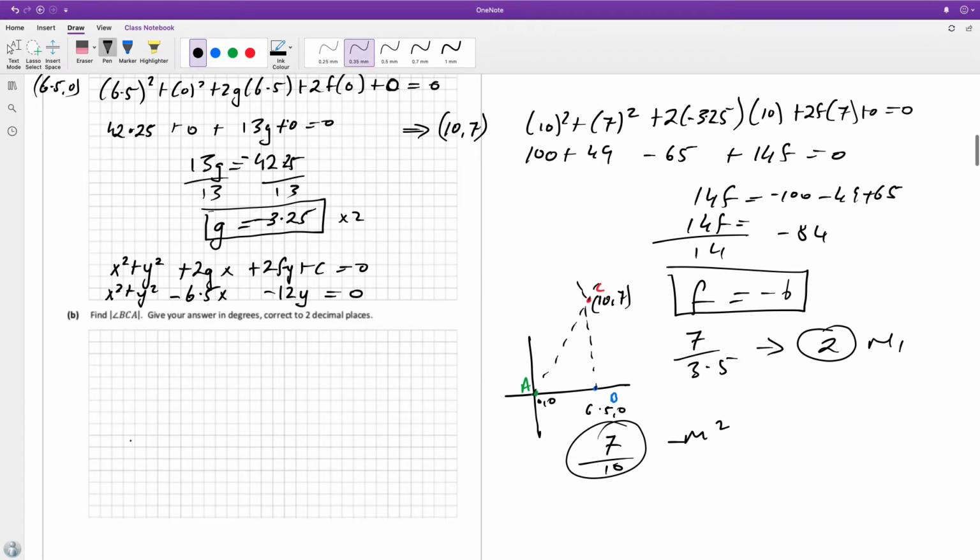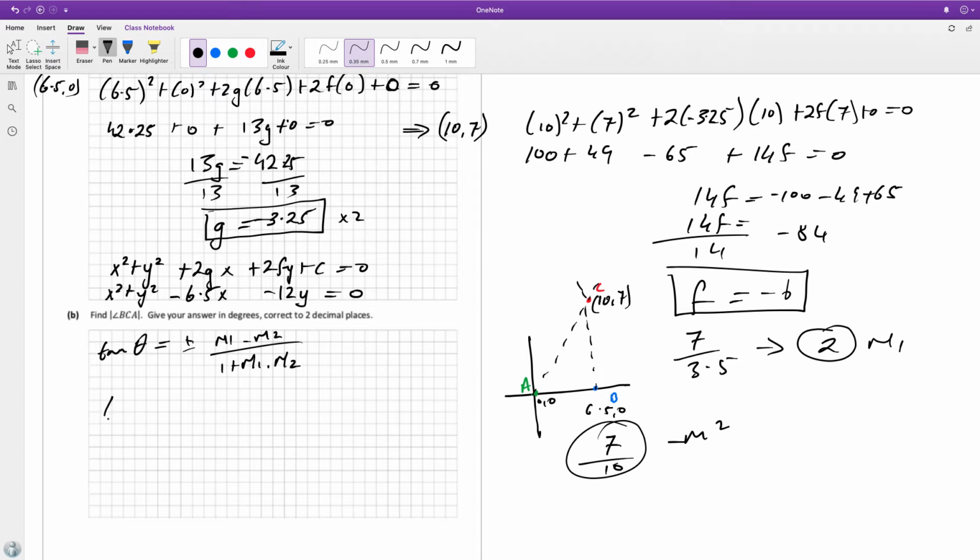Our formula is the tan of theta is equal to plus or minus M1 minus M2 over 1 plus M1 by M2.